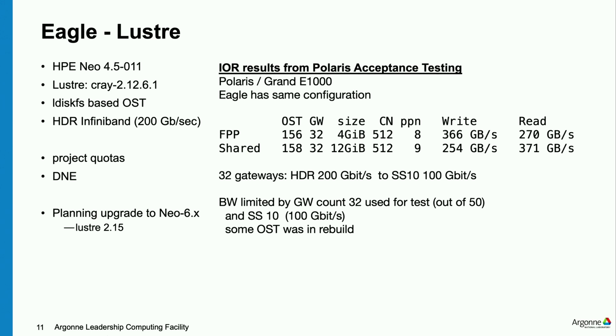The other limitation is that the system was initially deployed with Slingshot 10. We have Rosetta switches, but on the compute node side, it's a Mellanox card. So we plan to upgrade to Slingshot 11, and right now the limitation is 100 gigabit per second. After upgrade to the Cassini card, it will be 200.